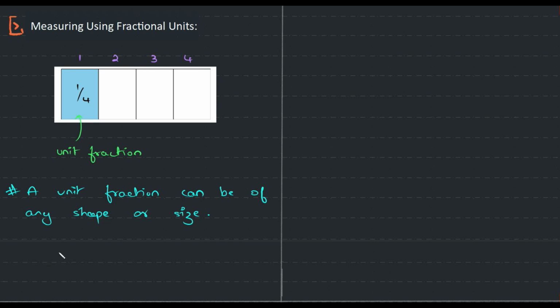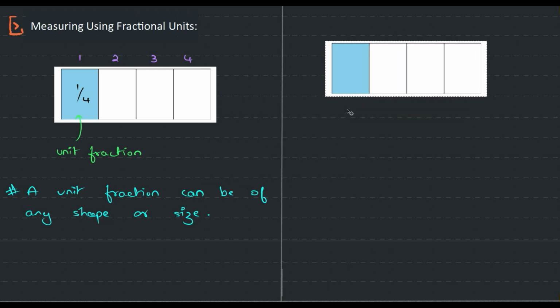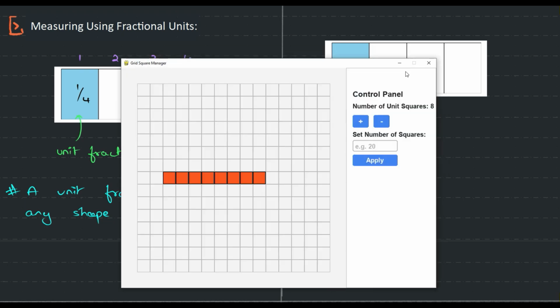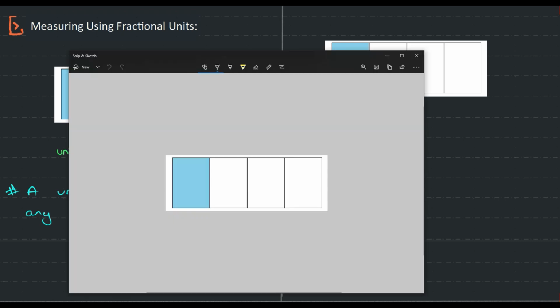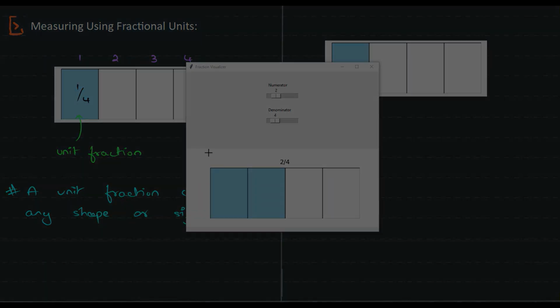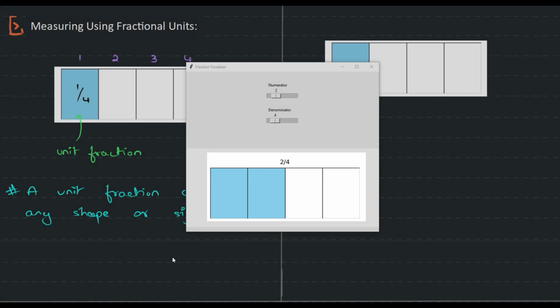Now we'll use unit fraction to measure things. Let me put it this way. So what we have here is 1 by 4, right? Now, if I happen to consider this entire region, this we can say is 2 by 4.